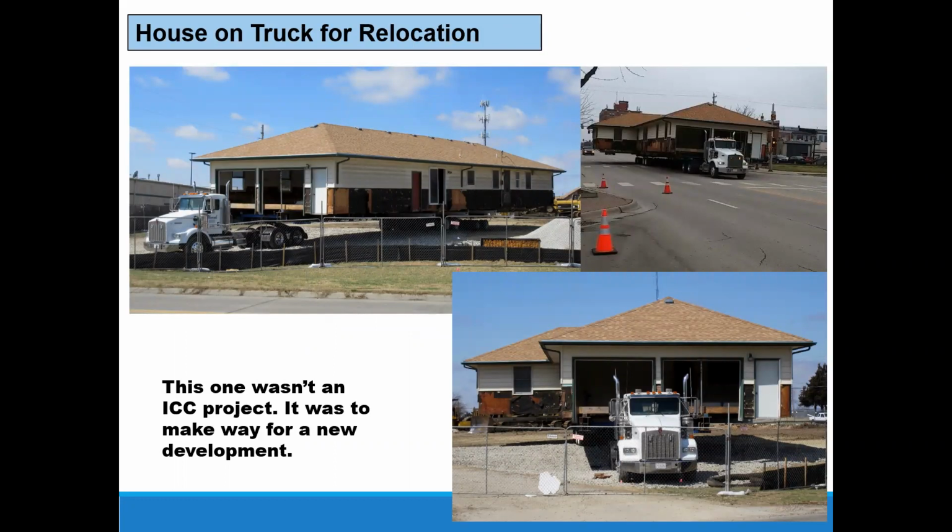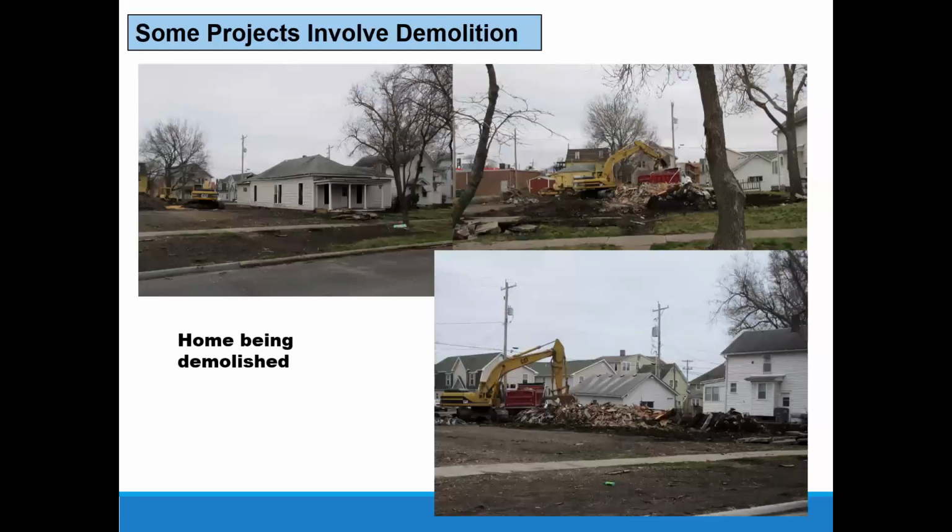This is a picture of that. This one wasn't an ICC project, but I have seen structures being driven down the road, which is strange to see. But if it can withstand removal and then replacement to a place that has less flood risk, it is an option. And this would tie into mitigation grants.